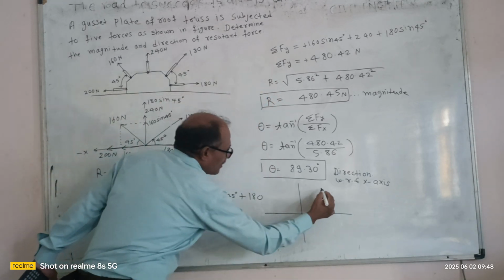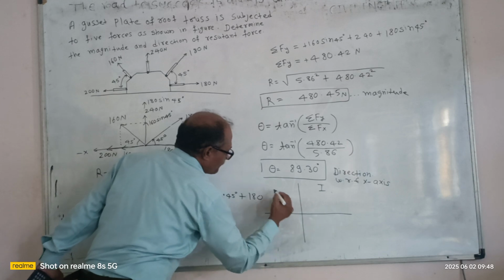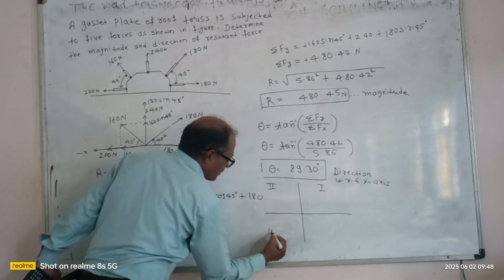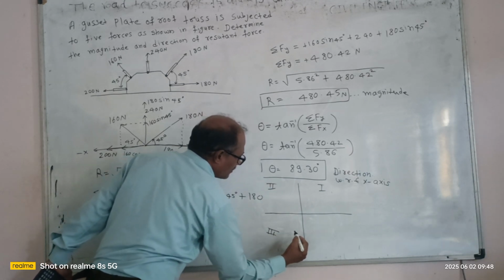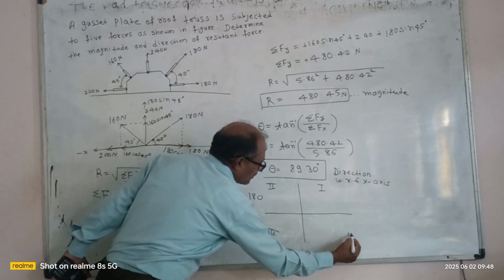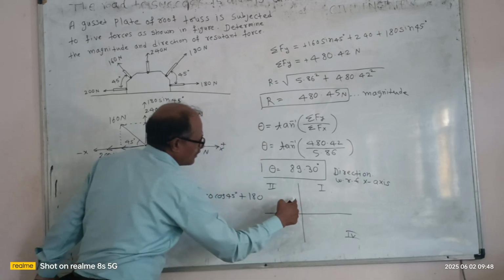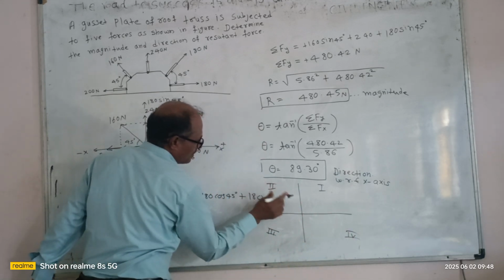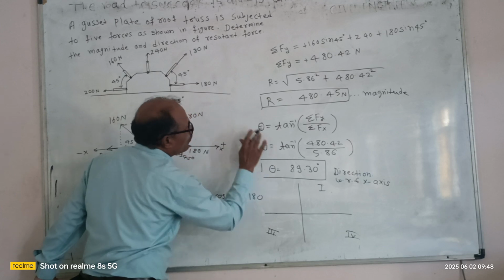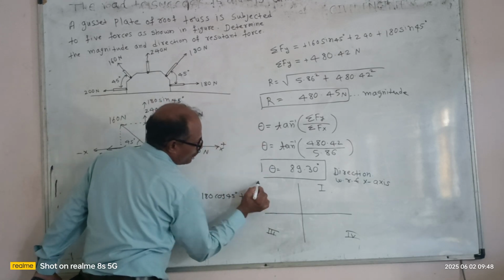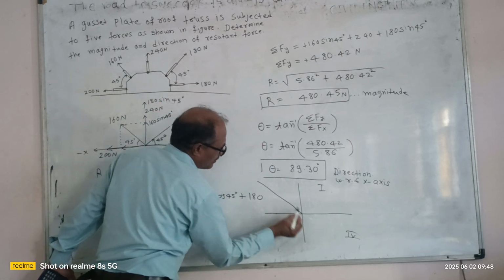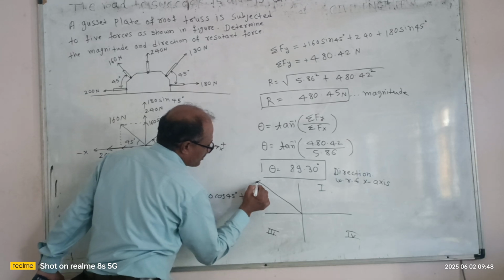It means the resultant vector will come in the second quadrant.